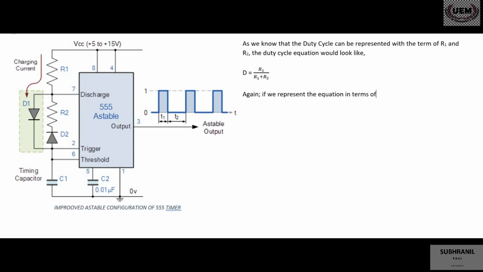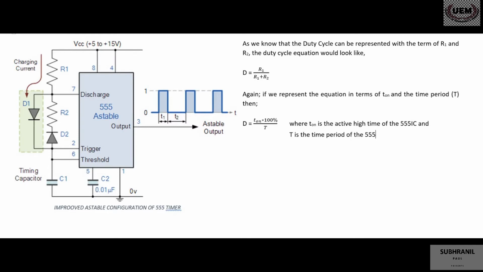Again, if we represent the equation in terms of T on, the active high time of the 555 timer IC, and the time period of the 555 timer, then the equation would look like D is equal to T on by T into 100%. So from these two equations we can say that if we change the value of R1 or R2, we are able to change the time period of the timer IC.